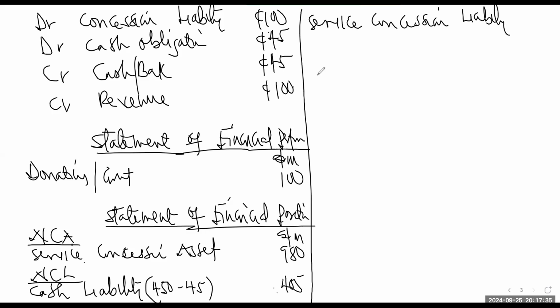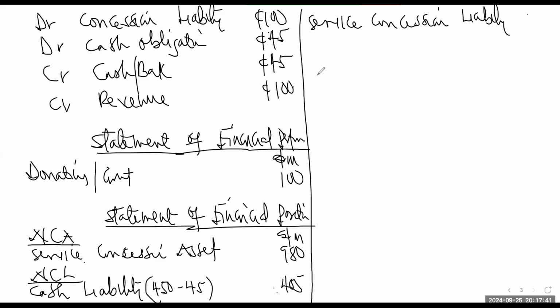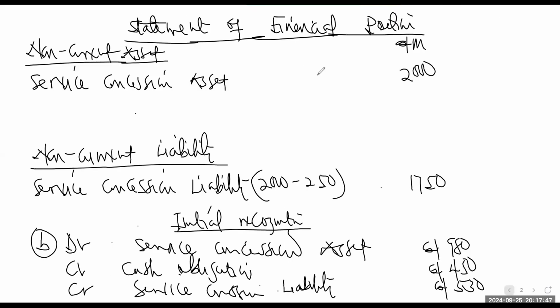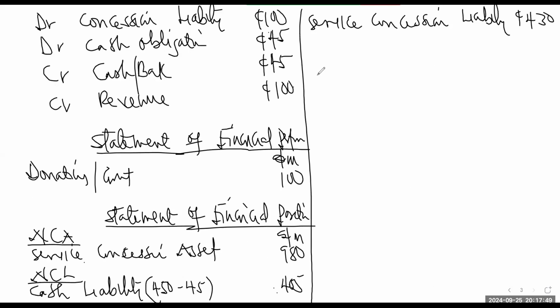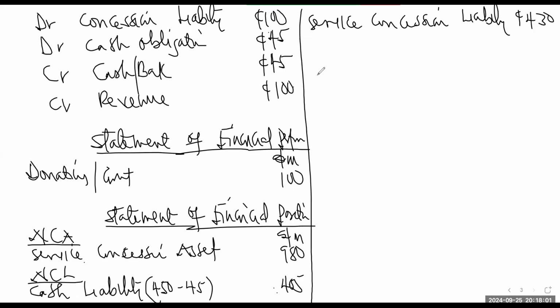That will be 530 minus 100, which is 430. So we are reducing the 530 by 100.